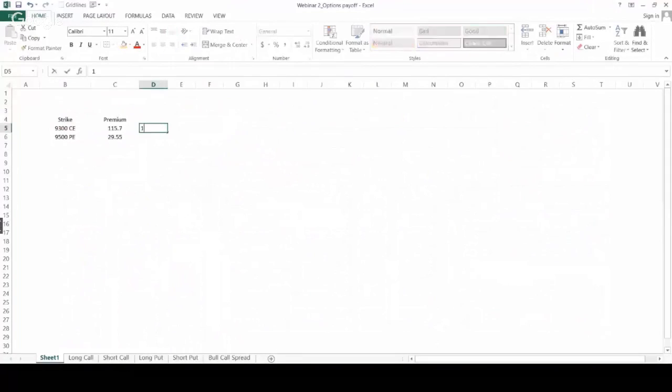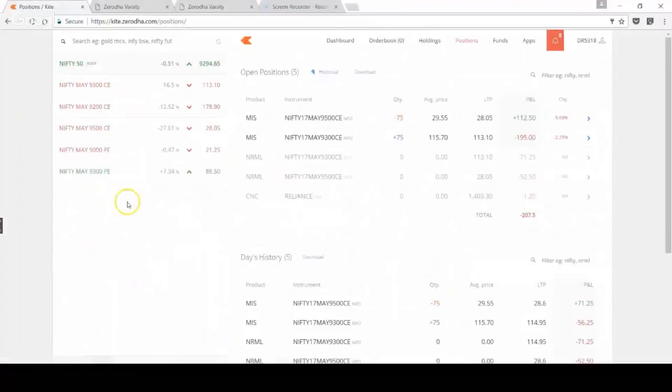And for the 9,500, which I had sold, the premium is 28. Now, the difference is roughly what I've paid minus what it is right now. So I'm making a loss of 2 rupees 70 paisa here. And on this one, since I've written this option, I make a profit of 1 rupee 55 paisa, right?